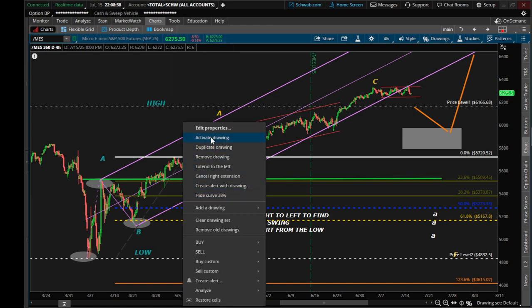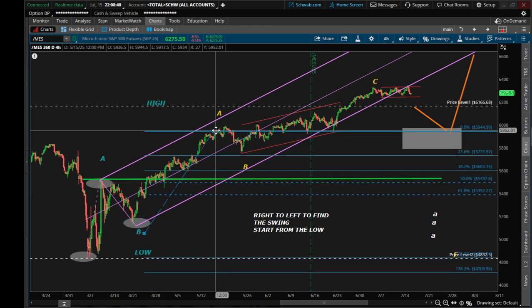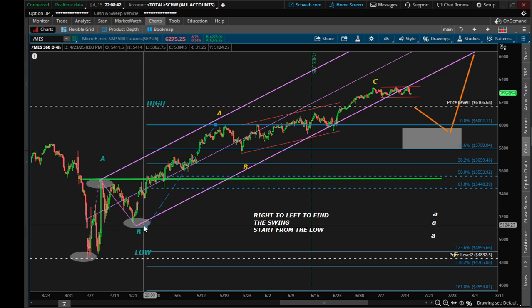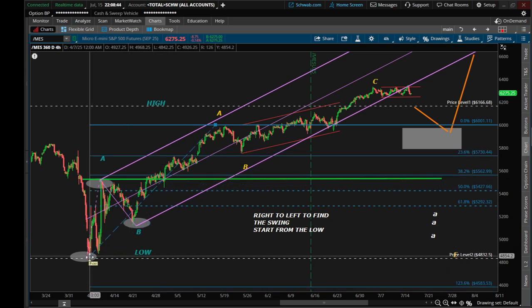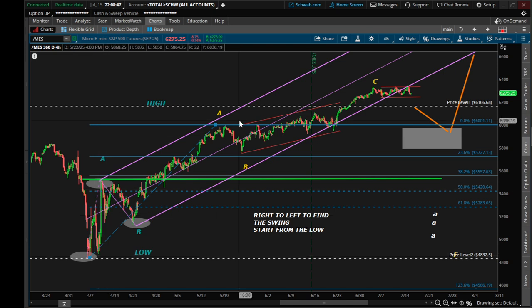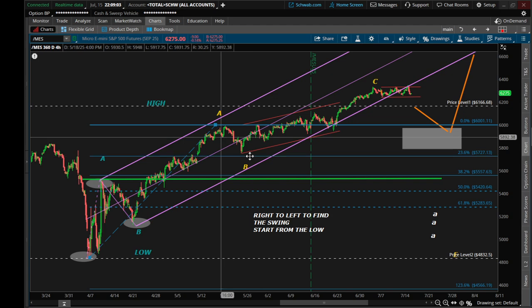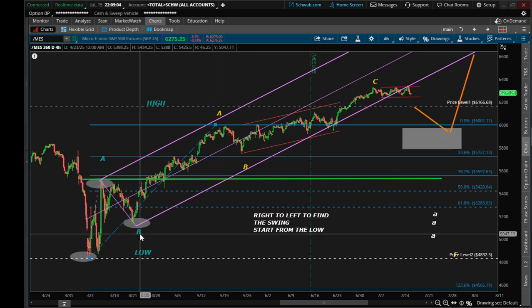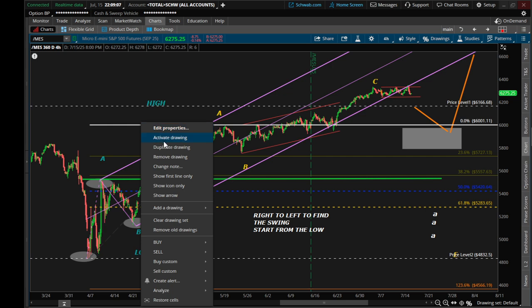So let me activate it here. We're going to move it up to the next wave. So based off this first A wave and this swing here, now you should be starting to be able to see swings. Well, this one, there could be an argument that that was a sufficient pullback, and that could be the C wave.